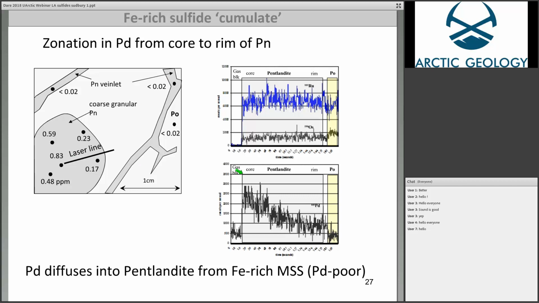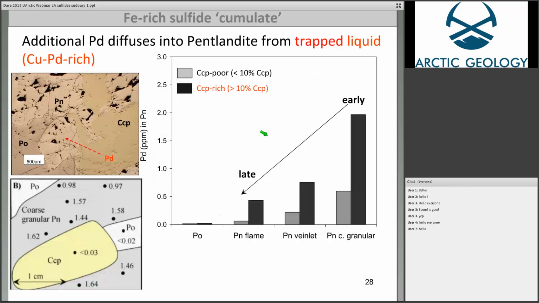And then if you take a transect across from core to rim, you can see systematically the palladium decreasing from core to rim. Your other PGE just remain the same, the ruthenium, osmium. So this really shows that palladium is diffusing with the nickel into pentlandite, and that the early forming pentlandite is the most enriched, because for the later forming one, the palladium has just been depleted in the iron-rich liquid.